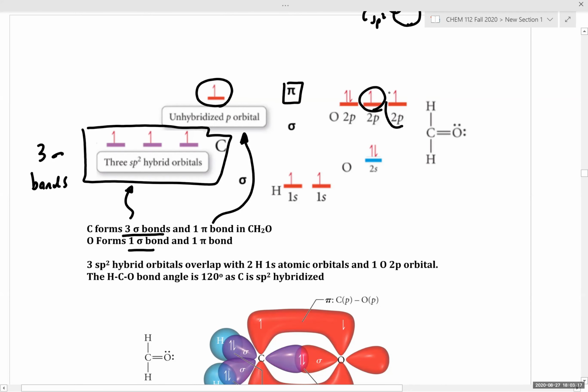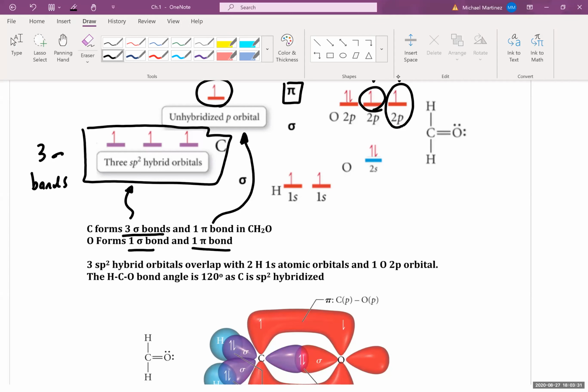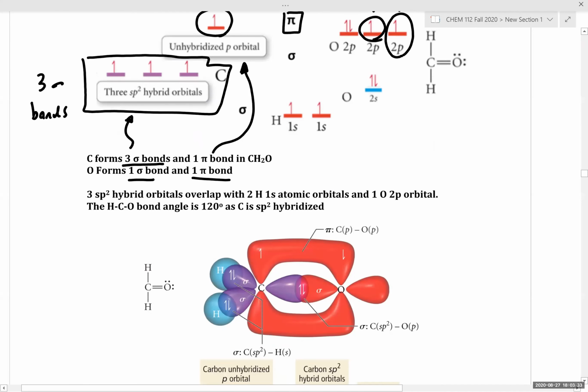Oxygen can engage in both sigma and pi bonding, forming a sigma bond with one of its p orbitals and a pi bond with its second p orbital. The hybridization of carbon directly impacts the observed bond angles in formaldehyde. This is why we observe a 120-degree bond angle in formaldehyde.